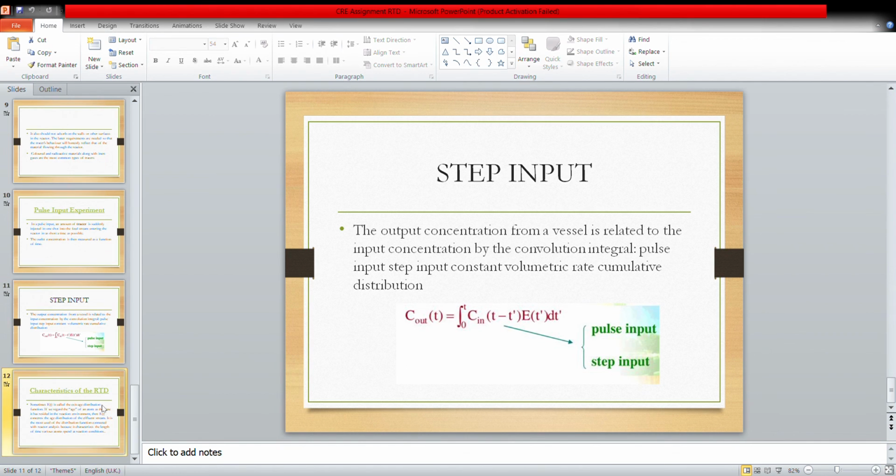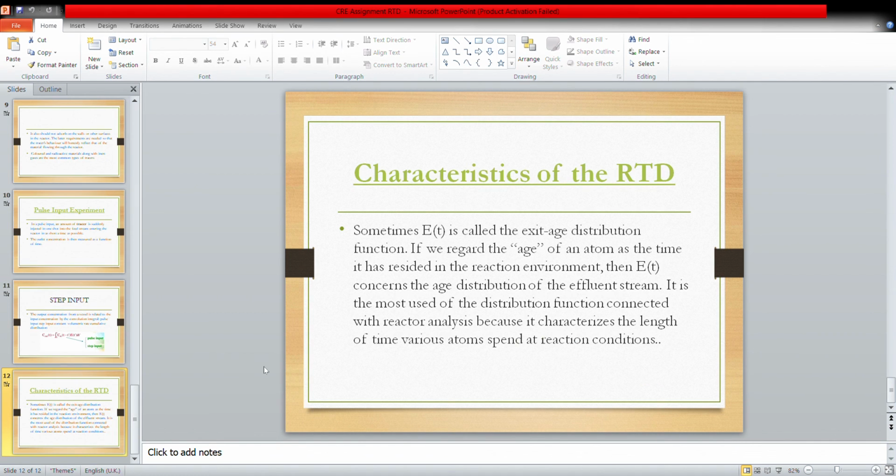Now we will see characteristics of the RTD. Sometimes E(t) is called the exit age distribution function. If we regard the age of an atom as the time it has resided in the reaction environment, age means the time that the molecule resides in the reactor or a reaction environment.